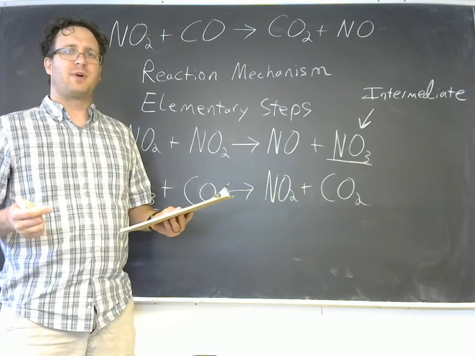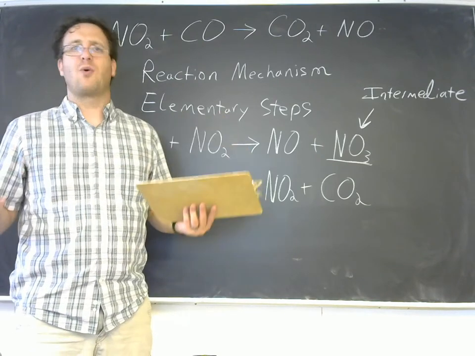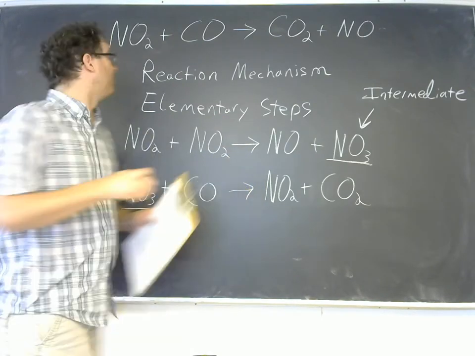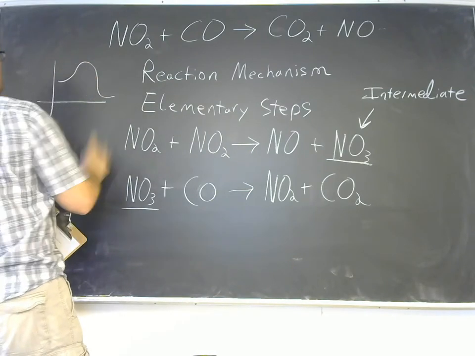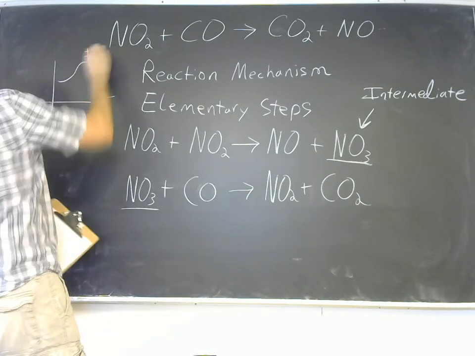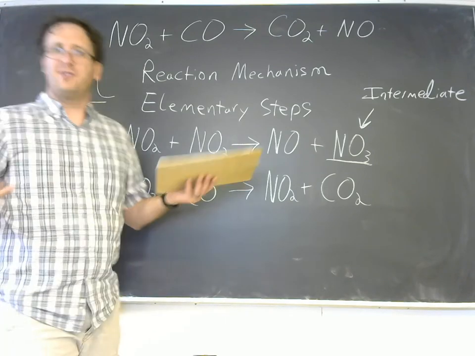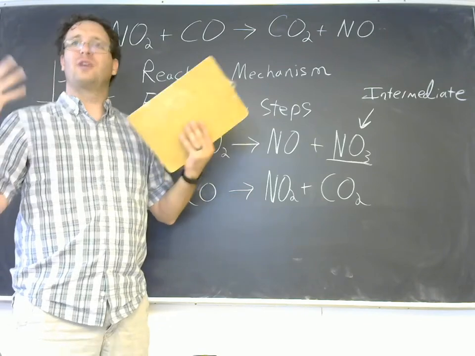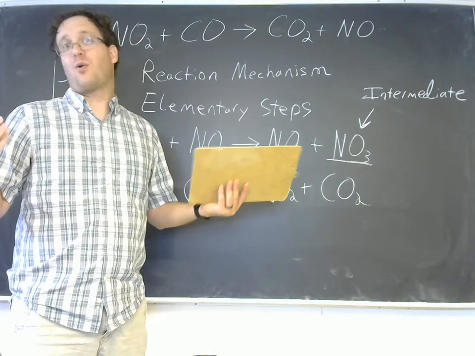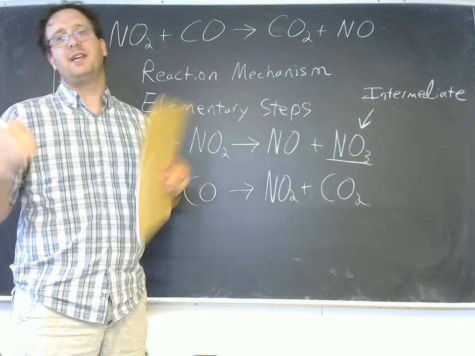So remember in our reaction coordinate diagrams, I'll just draw one real quick, a real sloppy one. Up here you have the transition state, which is kind of like a new chemical compound in that it is forming new bonds and not quite yet done breaking the old bonds.